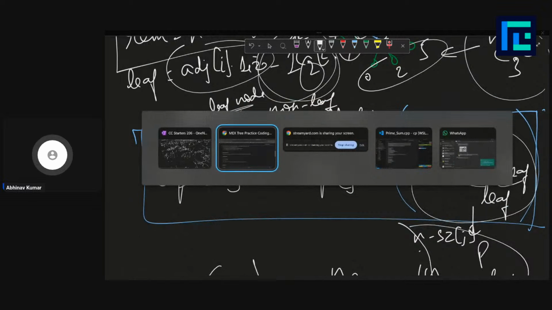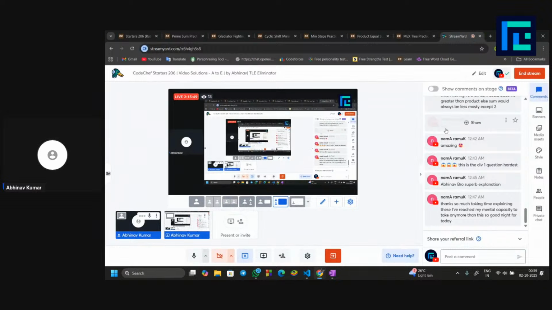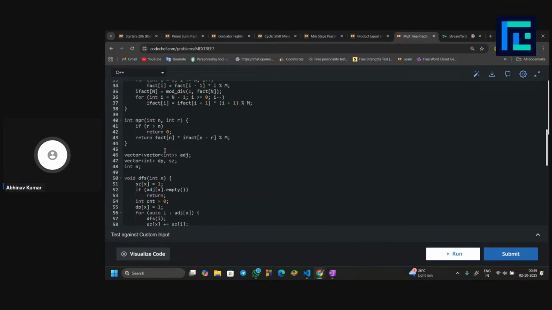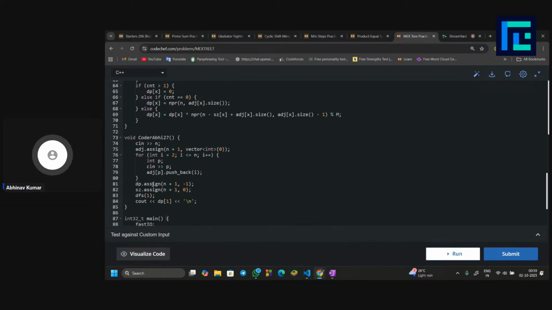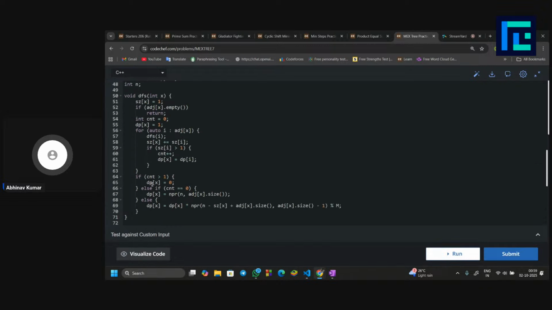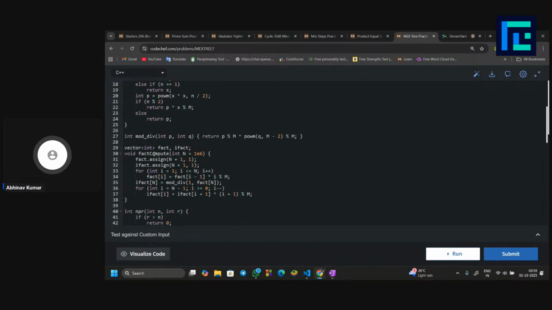Okay, so let's look at the code for this. What we first do is, in our main function, I'm computing all the factorials till 1e3. The factorial pre-compute function I already have in my template, so I don't need to write it again.